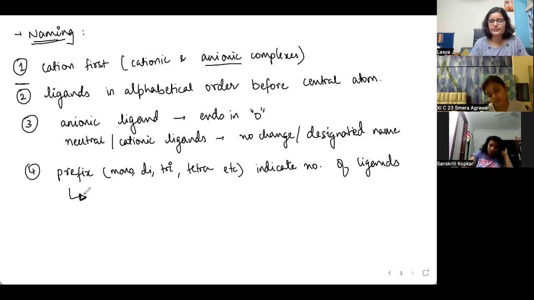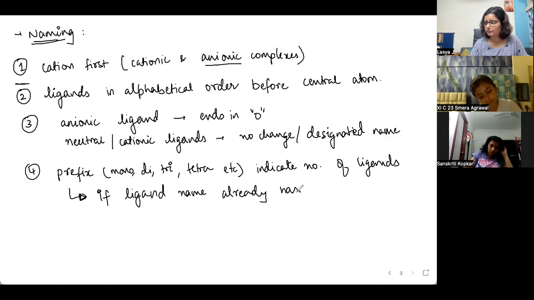One special case is that if the ligand name already has this particular prefix, then instead of using mono, di, tri, you say bis, tris, tetrakis.